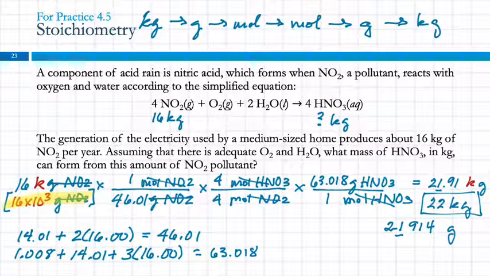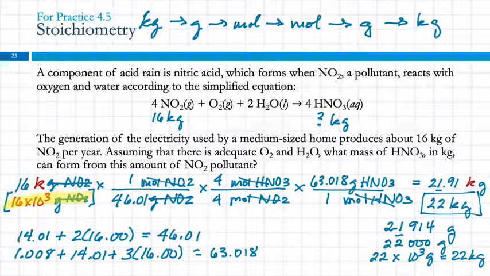And then how do I make that into kilograms? I need to factor out 10 to the 3, right? So that's 22,000 grams, or 22 times 10 to the third grams, which is 22 kilograms. Same thing. Any questions?